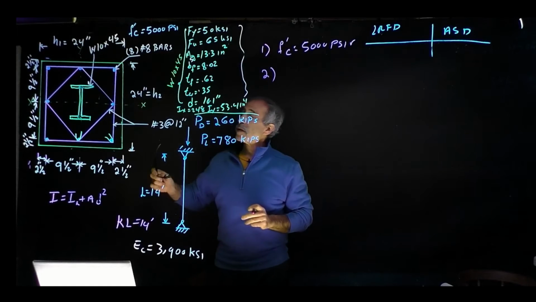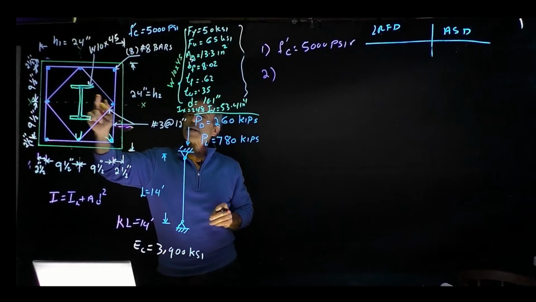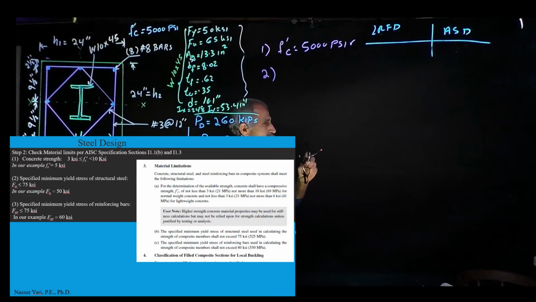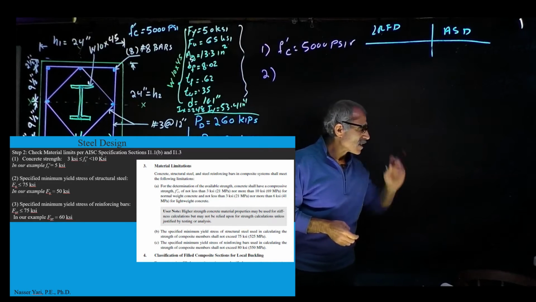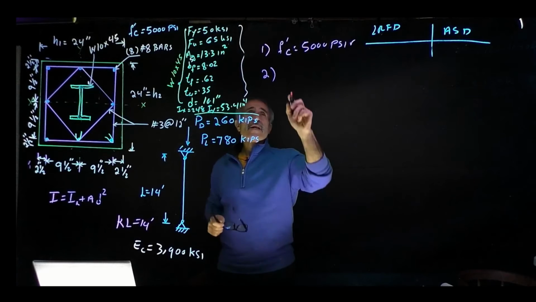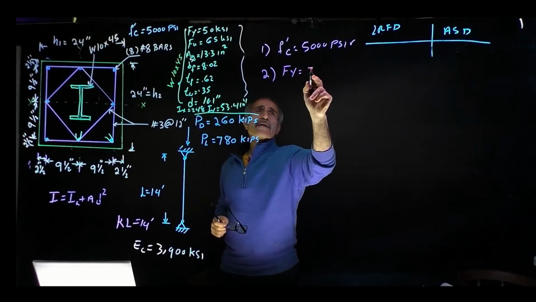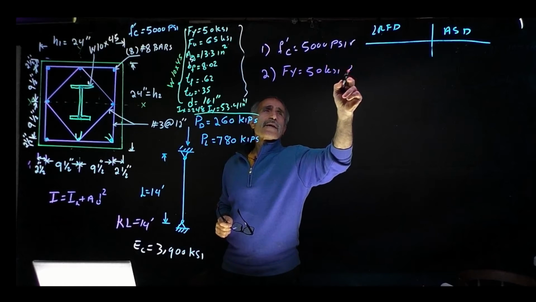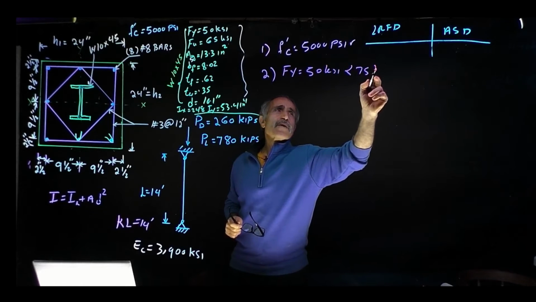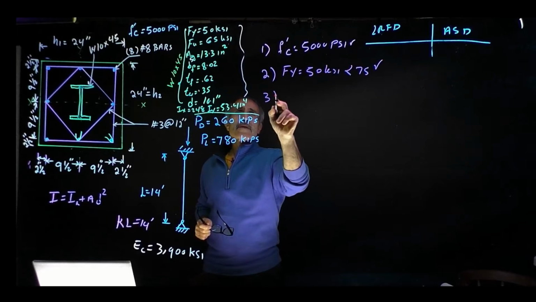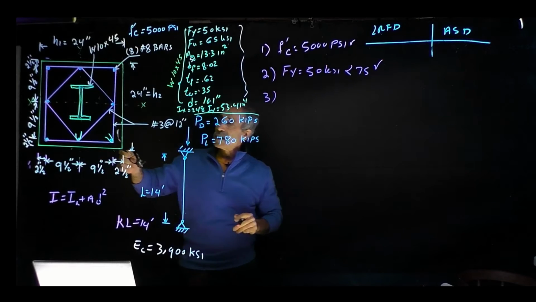We're going to check the strength of the steel, and per spec, the steel is supposed to be less than 75 KSI. Our Fy is 50 KSI, and that is less than 75. Next we check the strength of the rebar.